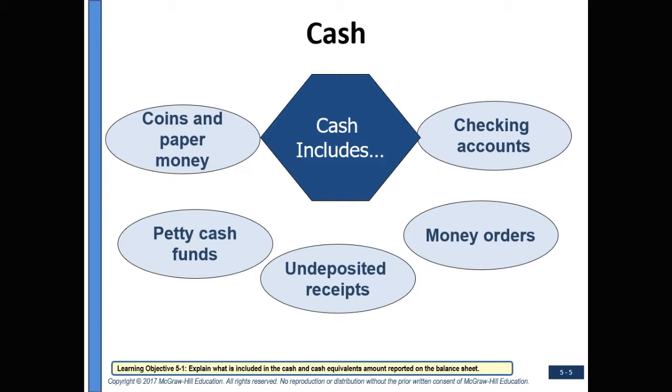Receipts, so for example, checks that you have received but have not yet deposited. Money orders are considered cash. And the checking accounts of the organization are classified as cash, as are the savings accounts, as long as they're straight savings.